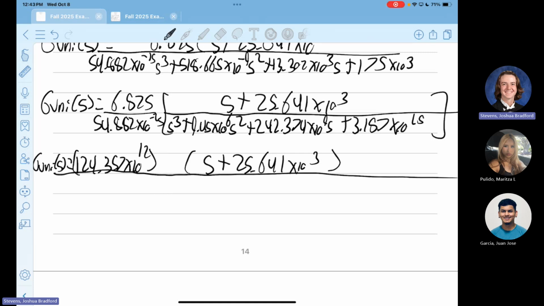The denominator becomes S plus 9.6 times 10 to the sixth, times S minus 5.004 times 10 to the third plus J 580.538.